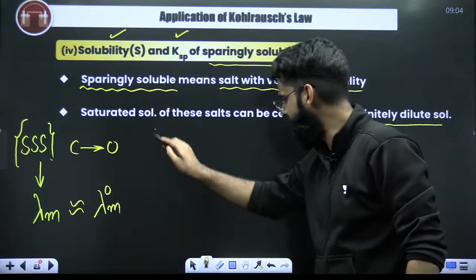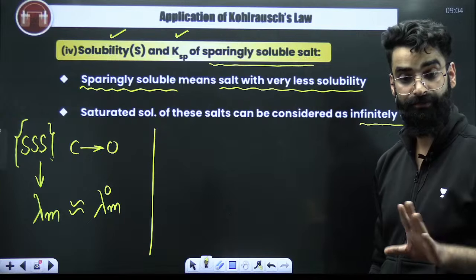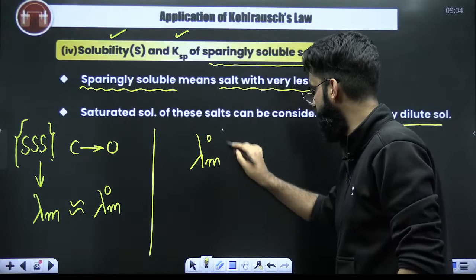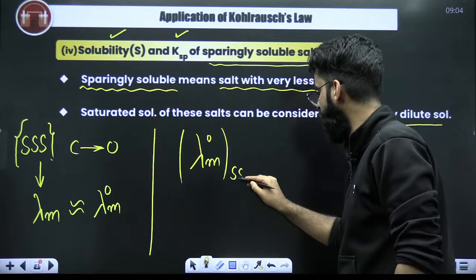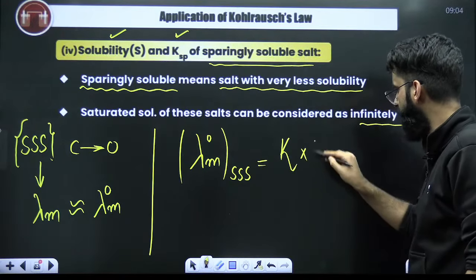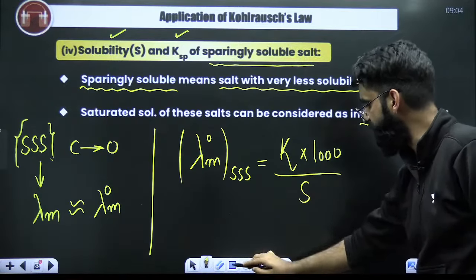Now, let me tell you, there is one very important result. I'm not deriving it, I'm just giving you the result. We'll show its application. Molar conductivity at infinite dilution of a sparingly soluble salt is always equal to conductivity multiplied by 1000 divided by the solubility of the sparingly soluble salt.